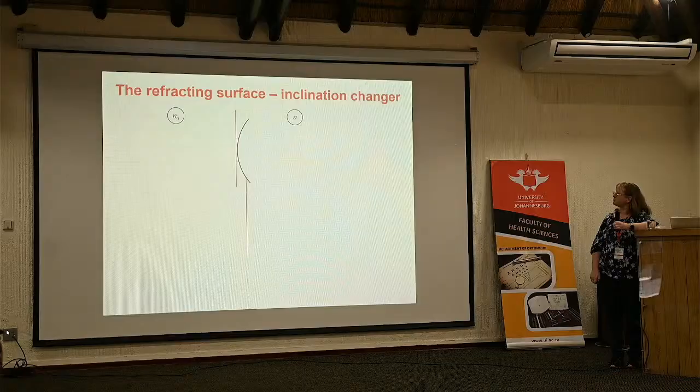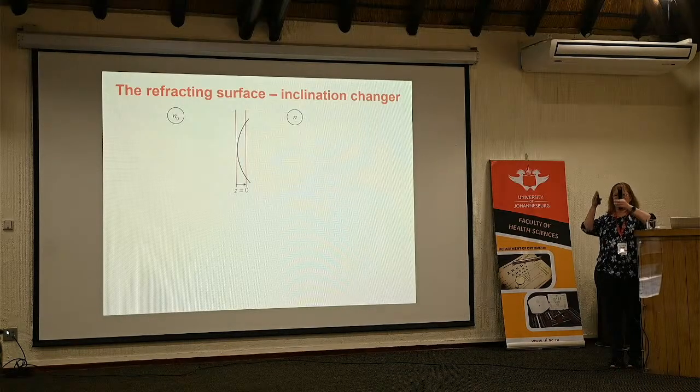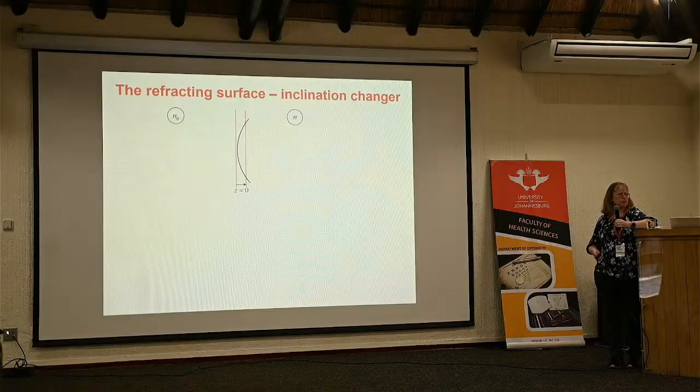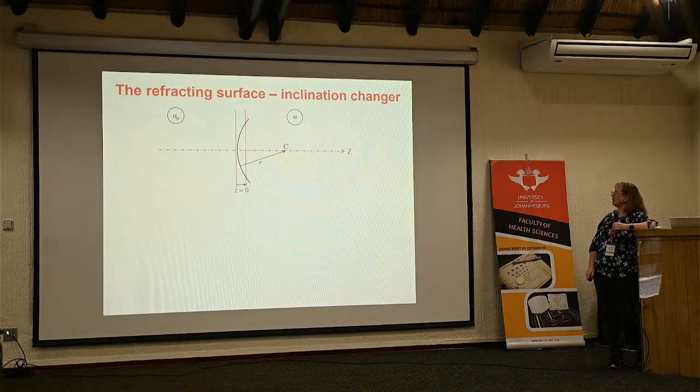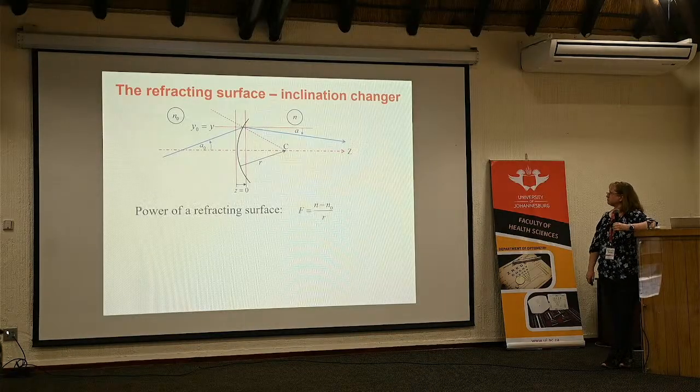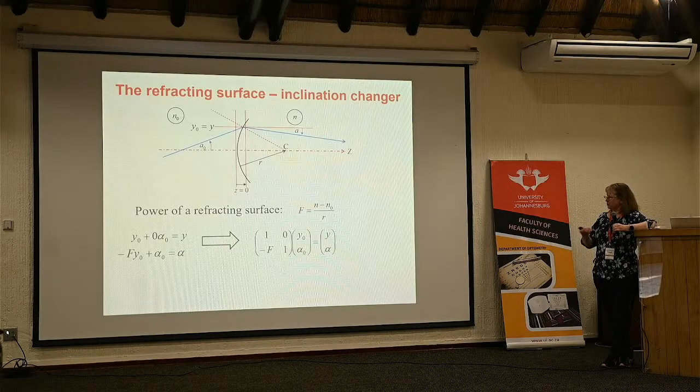The refracting surface, of course, we're all very familiar with. We define the refracting surface as a system with zero gaps. So we're drawing our entrance and exit planes in an exploded fashion. And if we line up our two equations, we know that a refracting surface is an inclination changer.